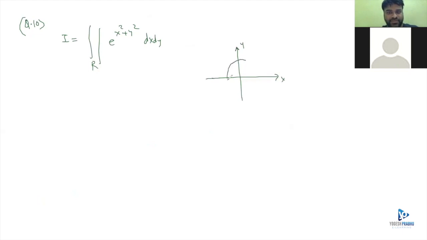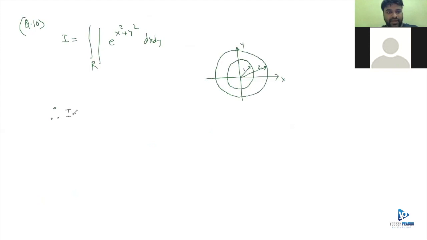One circle is here, and the other circle is here. The first has radius 1, and the second has radius 2. And convert to polar form, right?